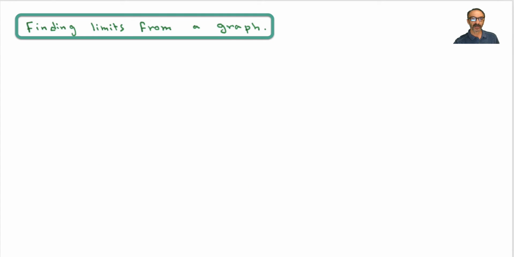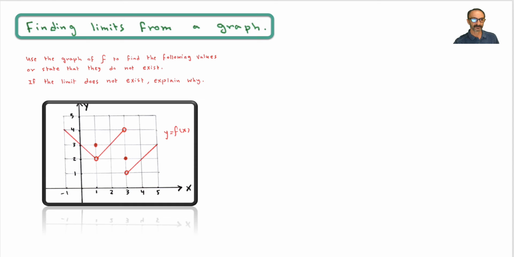Finding limits from a graph. Here's a graph. Okay, let's find the limits at different points that the graph is showing. f of 1. We're going to consider 1 right here to start with. You see this one right here? It's defined to be darkened right here, which is all the way up to 3.